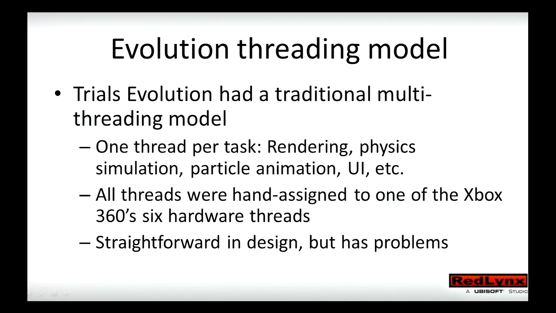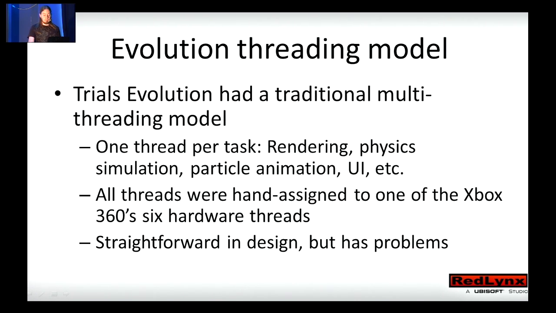So we had 6 threads on Xbox 360, so we had six different tasks: rendering, physics, particle, animation, UI, which was Flash-based like I said earlier, and some other things. Virtual texture streaming was on one core. Those tasks were all hard assigned to one of the Xbox 360 hardware threads.